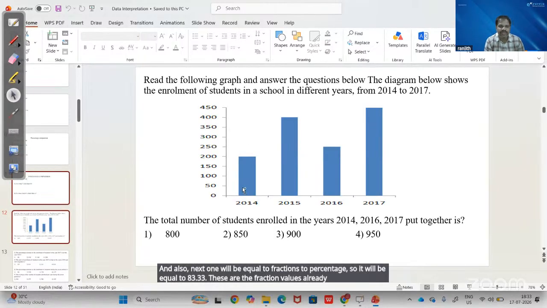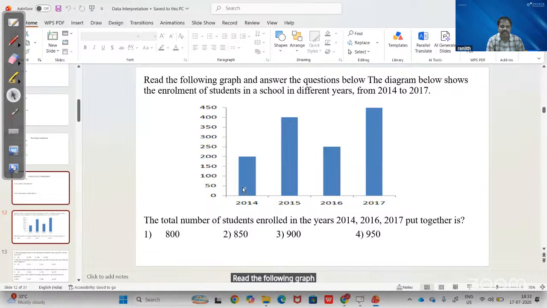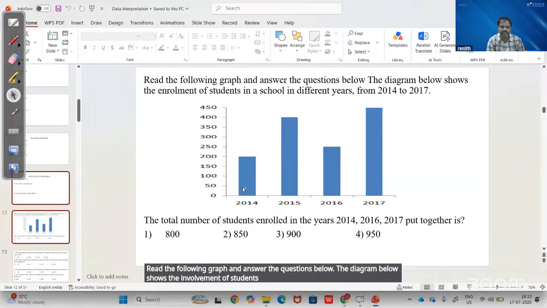Read the following graph and answer the questions below. The diagram shows the enrollment of students in a school in different years from 2014 to 2017.